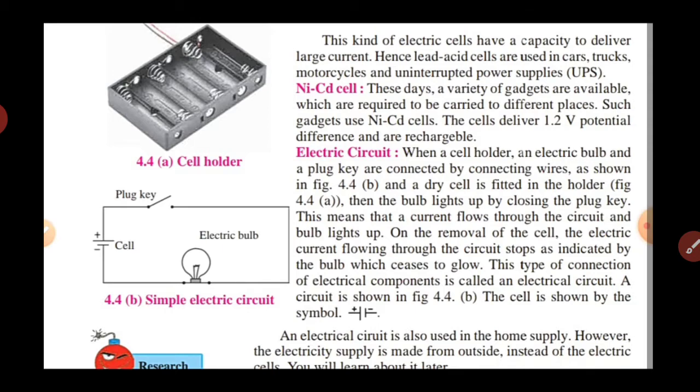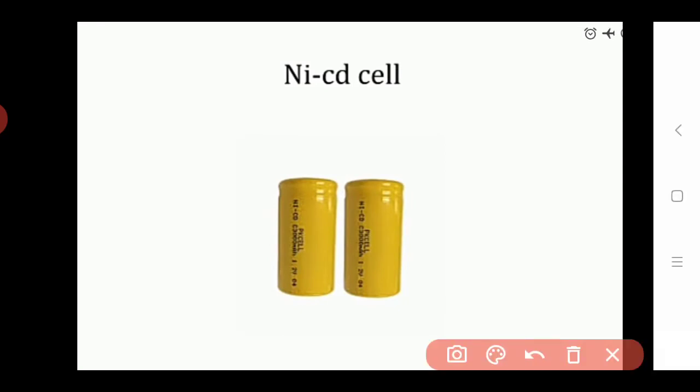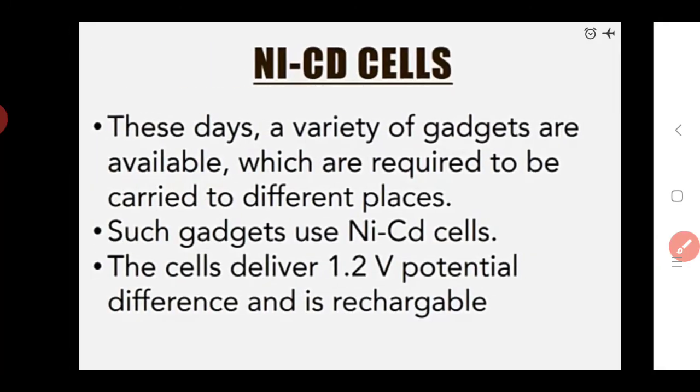So here we see the third type of cell, that is the nickel cadmium cell. What do they look like? They look like these images. Okay, these are the nickel cadmium cells. And what is the importance of this cell? These are used in a variety of gadgets. These gadgets are required to be carried from one place to another place. So in such gadgets, we need cells which are reusable or rechargeable.